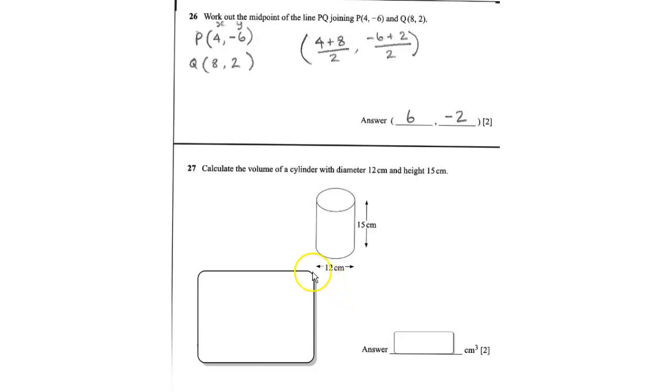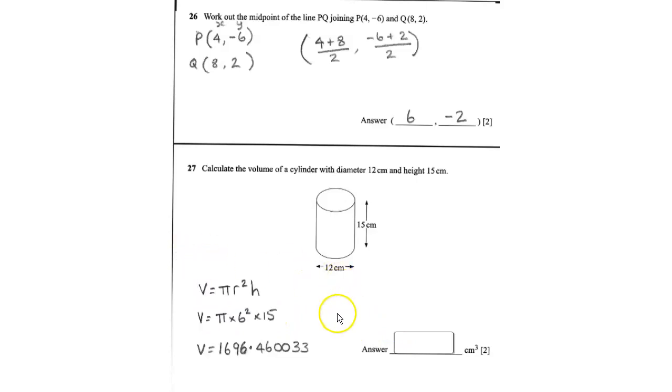Next one, 27, calculate the volume of a cylinder with a diameter of 12 centimetres and a height of 15 centimetres. To find that out, we use the formula pi r squared times height. The pi r squared part just means the area of the end circle, the cross section. If you find the area of a circle, it's always pi r squared, and then you just times it by the height or the length there.